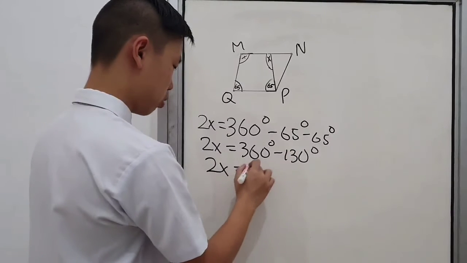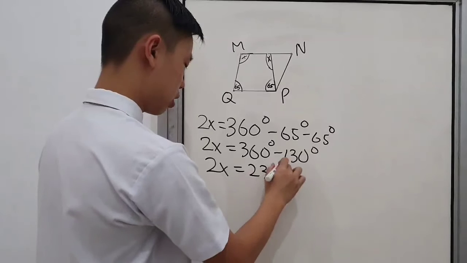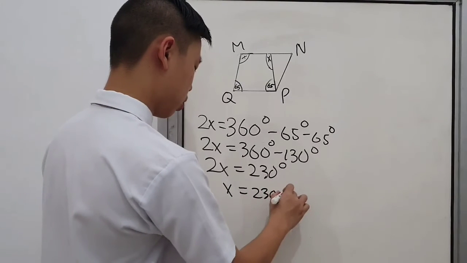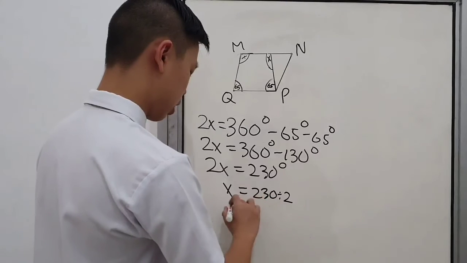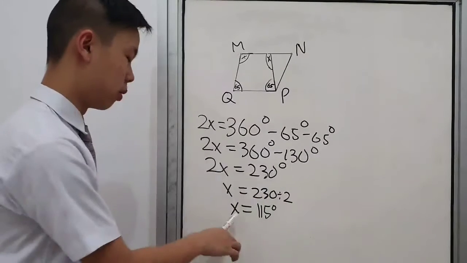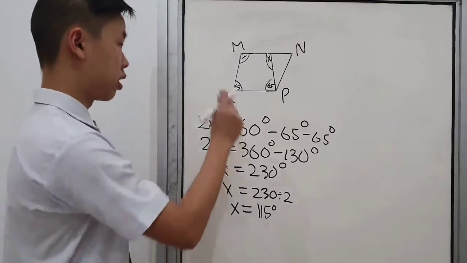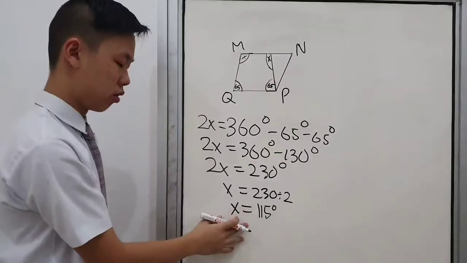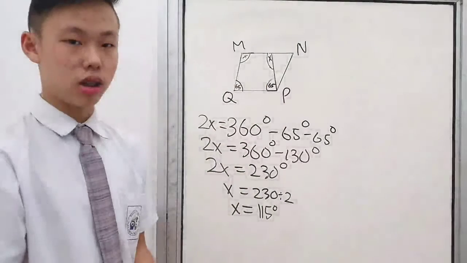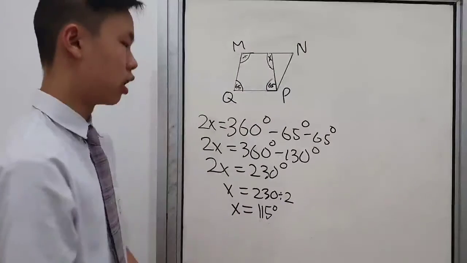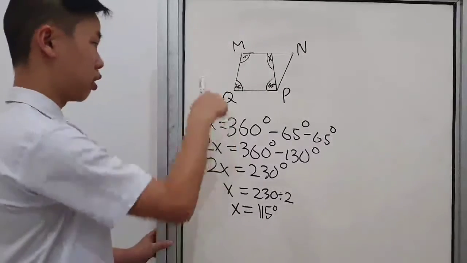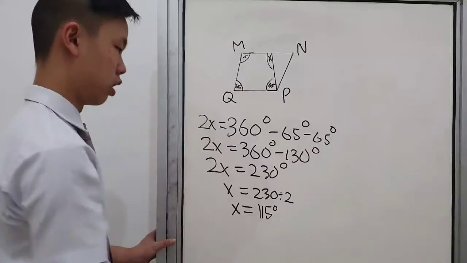Then 2x equals 230 degrees. x equals 230 divided by 2, and x equals 115 degrees. So from here we find that x equals 115 degrees, and the other x is also 115 degrees. If we want to check it, we add all the angles here.